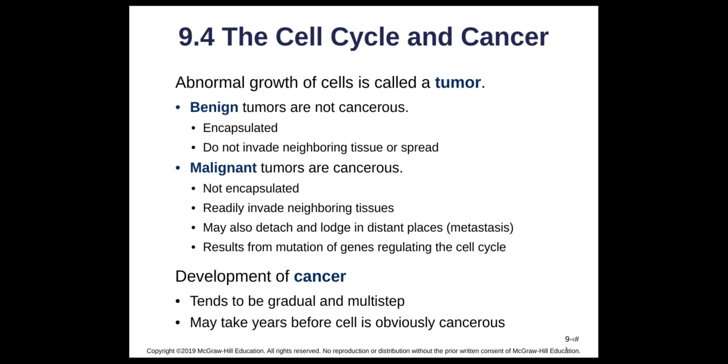So it can be many years before a cell is obviously cancerous. That being said, we probably all know someone whose cancer was not gradual and multi-step, it was very rapid. And that can be for many different factors, but ultimately is this error in the cell cycle.